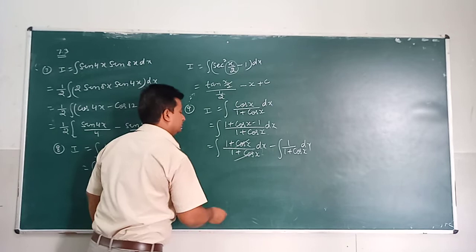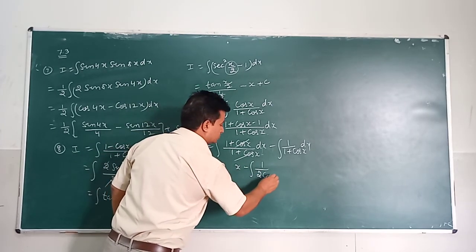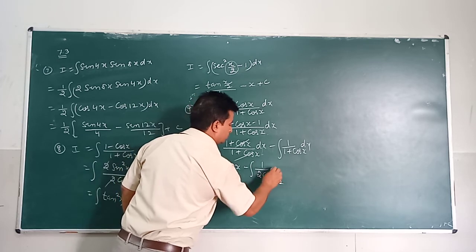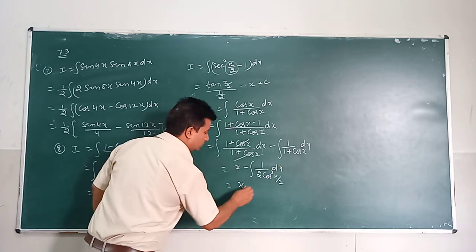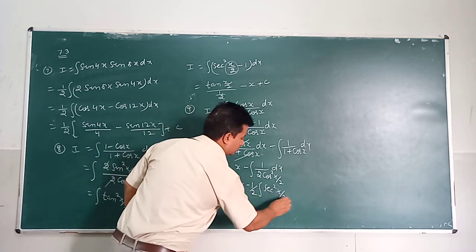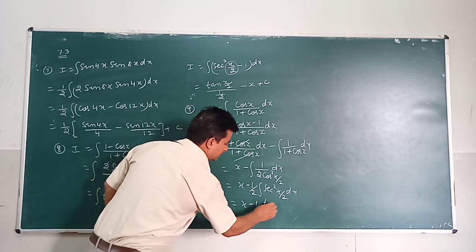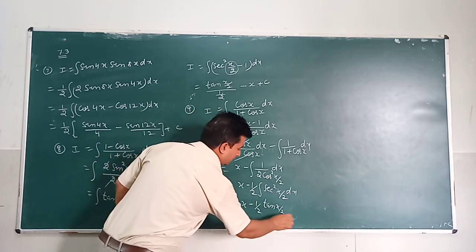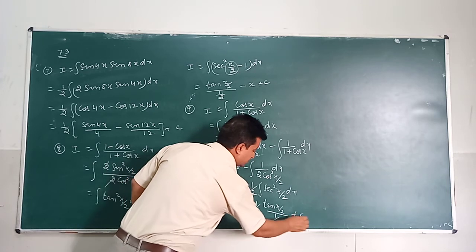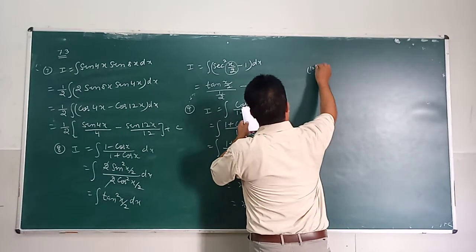This cancels out. Integration of dx is x, and 1 plus cos x is 2 cos square x upon 2. As we know, 1 upon cos square is secant square x upon 2. So integration of secant square is tan x upon 2, and the derivative of x upon 2 is 1 upon 2. This is the answer of question number 9.